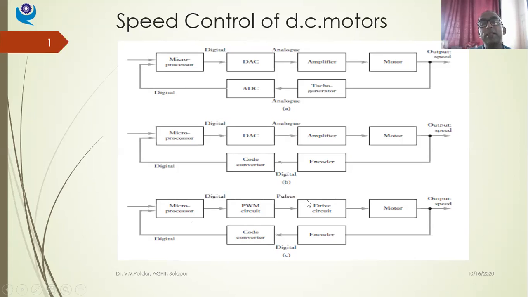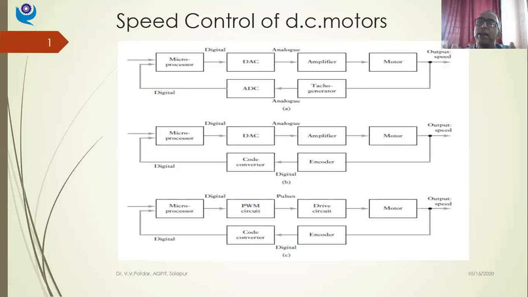My control elements have changed now. My control elements here are the PWM, that is the pulse width modulation circuit, and the drive circuit. If you remember, what was this pulse width modulation? The width of the pulses was changed. What will be the effect? The average voltage given by the circuit will vary.